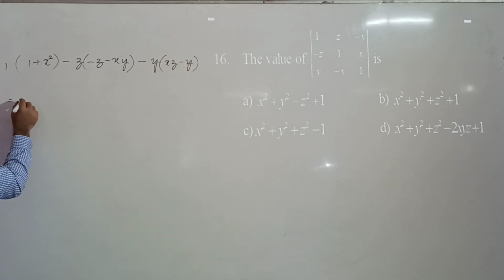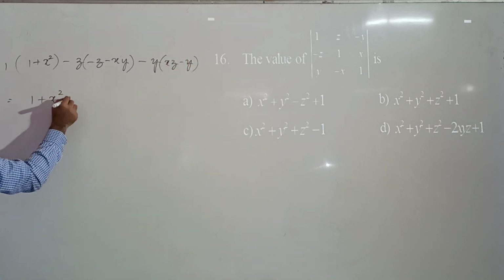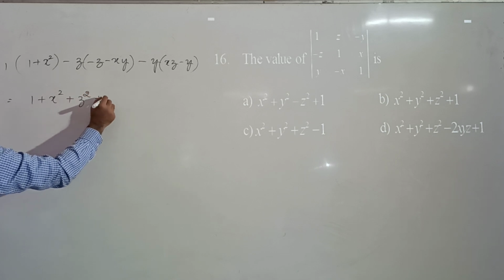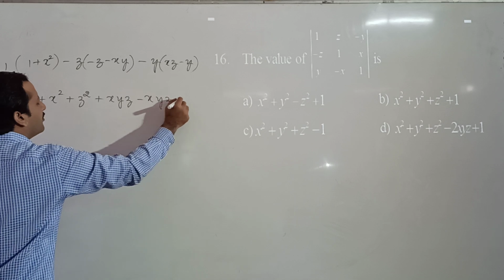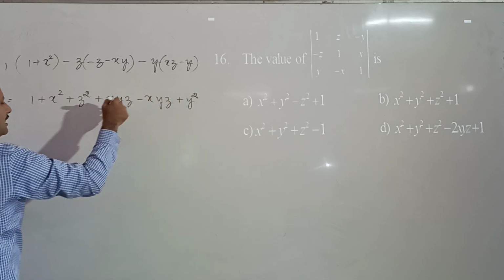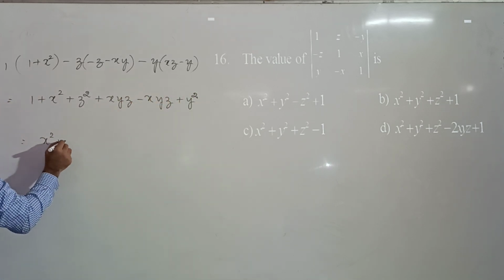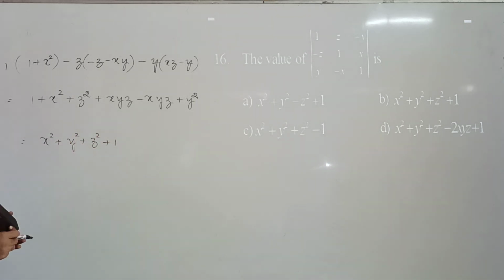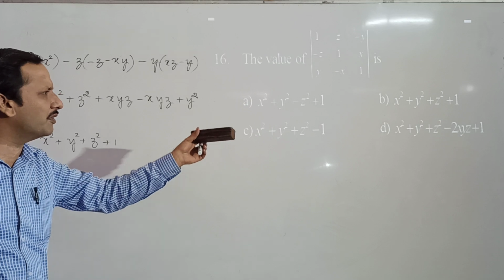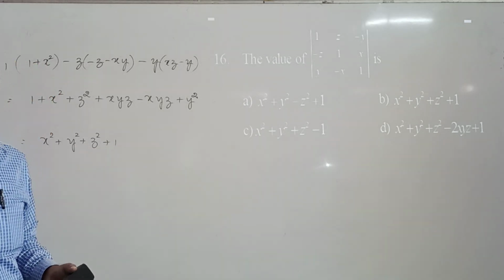Okay, that's equal to 1 plus x square plus z square plus xyz minus xyz plus y square. Xyz gets cancelled. So we have x square plus y square plus z square plus 1, which is the second option.